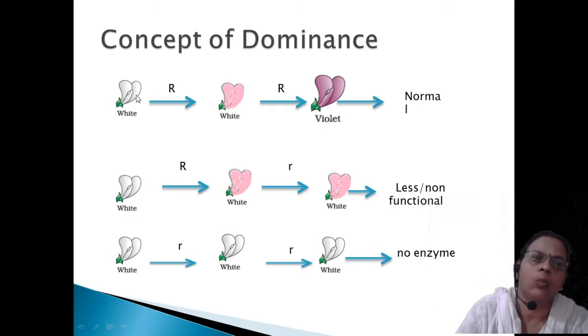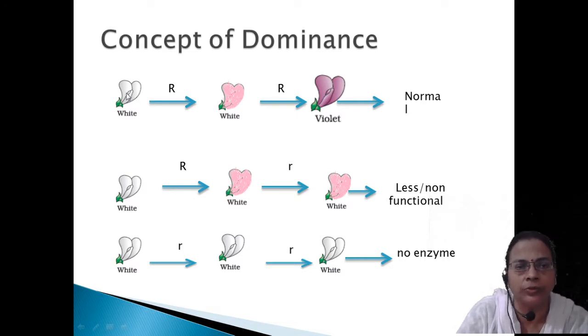Hence, the white color will remain as it is. If both alleles are recessive, the flower will remain recessive itself because the anthocyanin pigment will not be produced, and the flower will remain white itself.